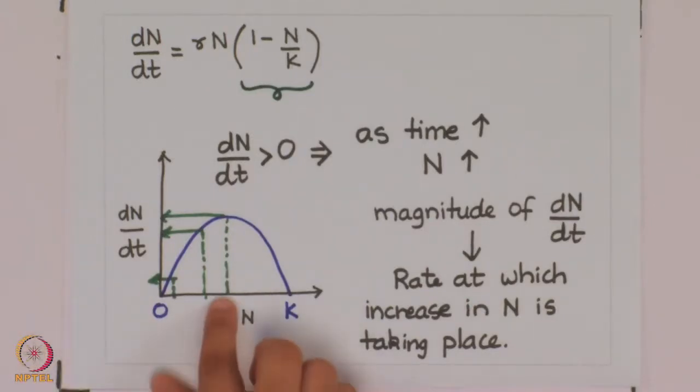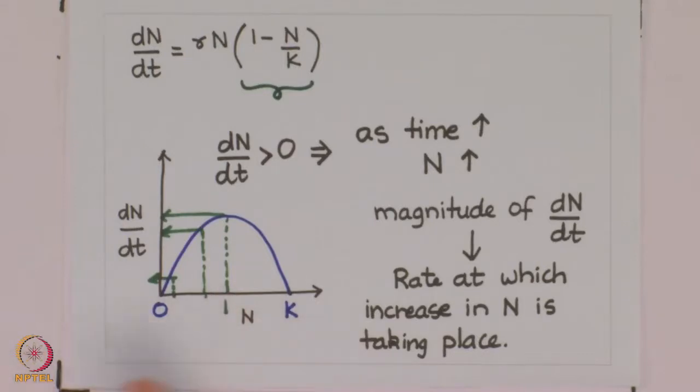Now, as you cross this point, resources are becoming increasingly scarce, and not every individual in the population is able to divide freely. As a result, in that one generation time, the 20-minute window that we have been talking about, not every cell gets a chance to reproduce, because to be able to reproduce, you need to produce all the cellular machinery, replicate the entire genome associated with the organism, and then divide into 2.